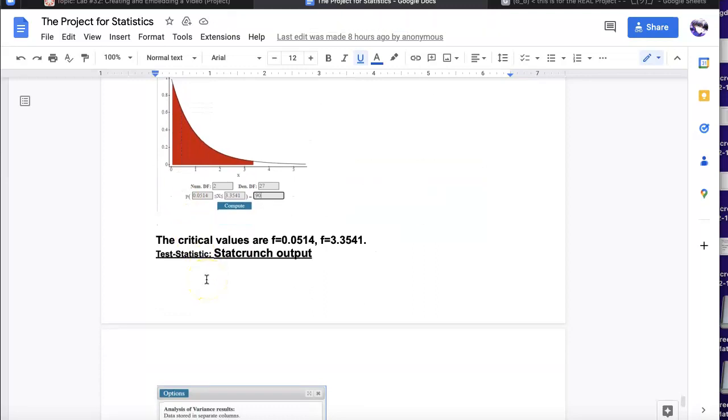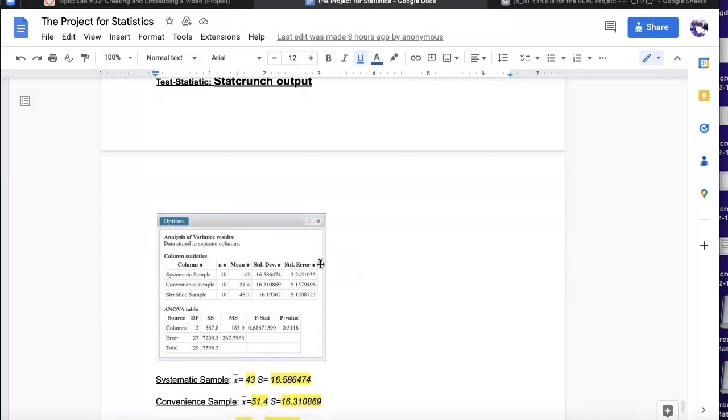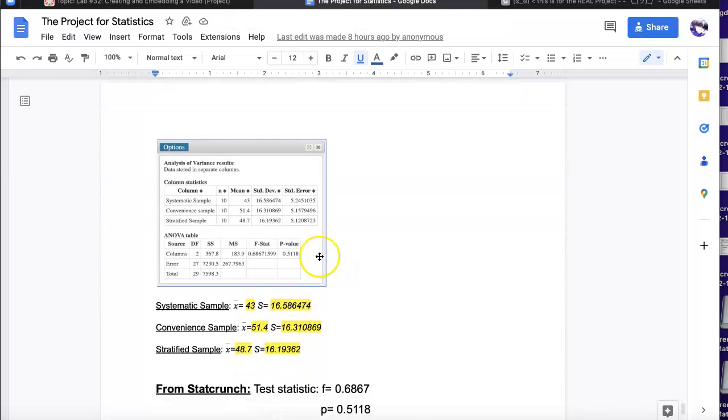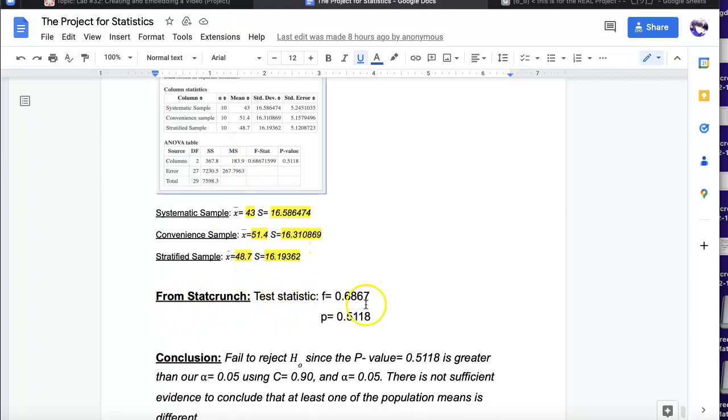So the critical value F is equal to 3.3541. We also had the analysis of variance results, and these are the calculations that we got, all from StatCrunch, the test statistic F and the P-value.